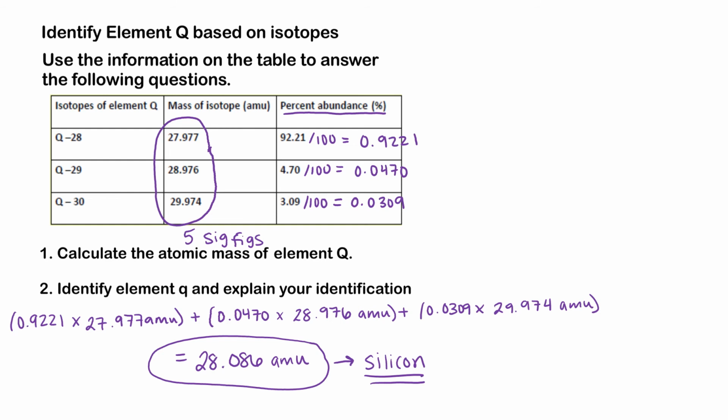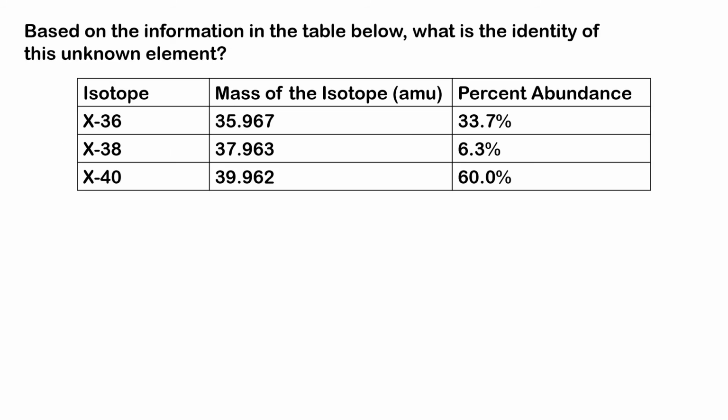So here's one more practice problem about calculating that average atomic mass. I'm going to go ahead and just walk through solving this problem one more time, and then we will move on to what other things we can do based off of knowing the atomic masses of different elements. So our first step, just like always, is going to be converting to relative abundance if we're given percent abundance.